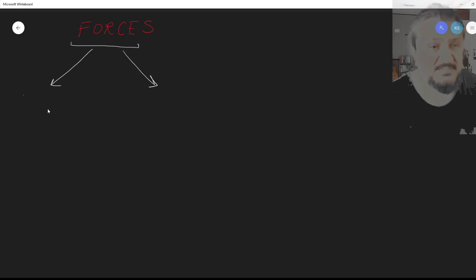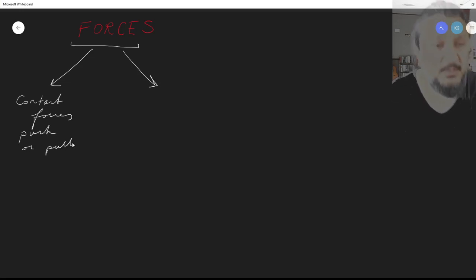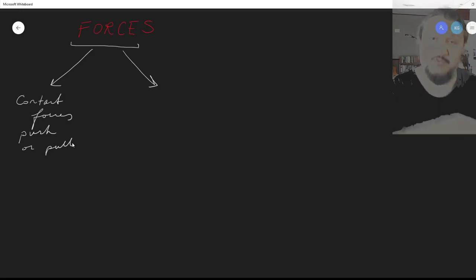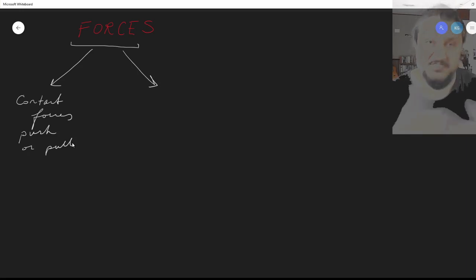So these forces are really easy to understand, and we experience them daily. These are called contact forces. Okay, contact forces either push or pull. You can push an object or pull an object, or tie a string or rope or chain and pull the chain. It's still a force which is transmitted through physical contact.